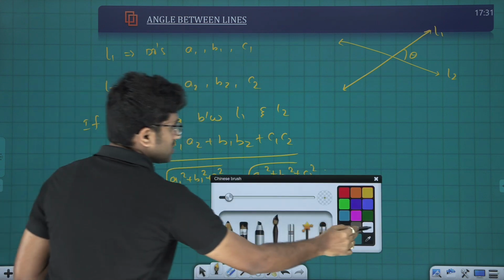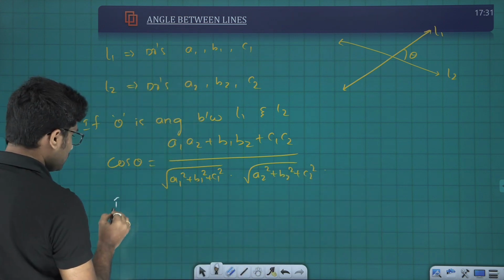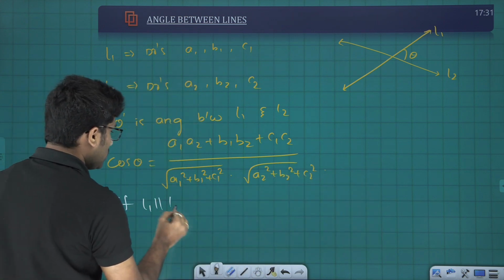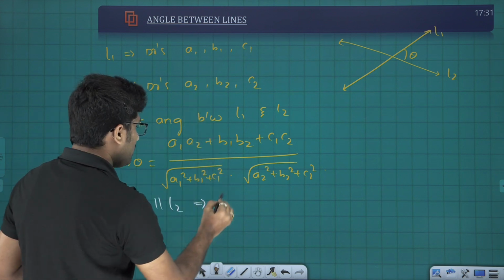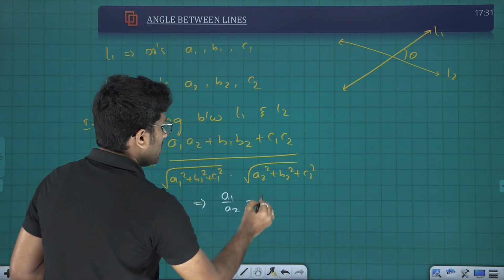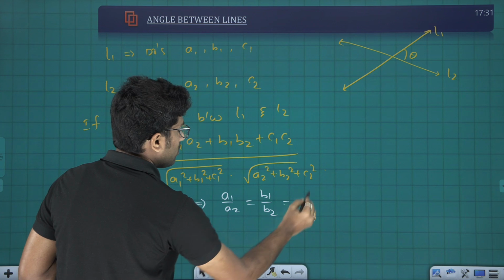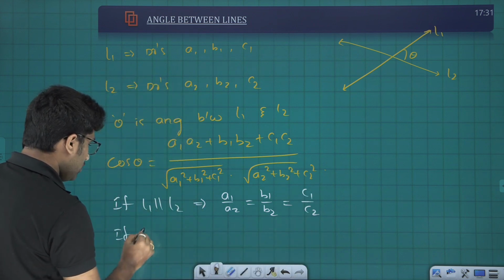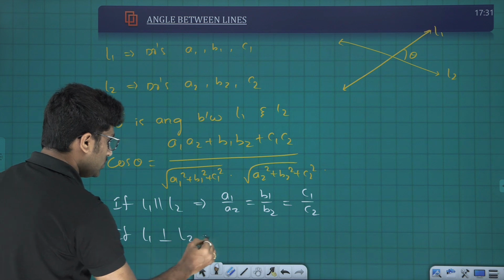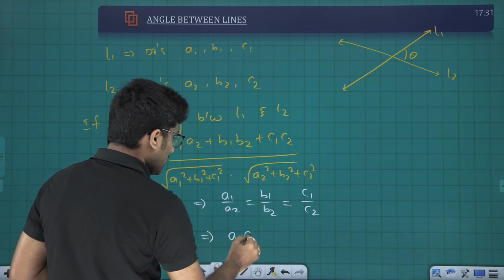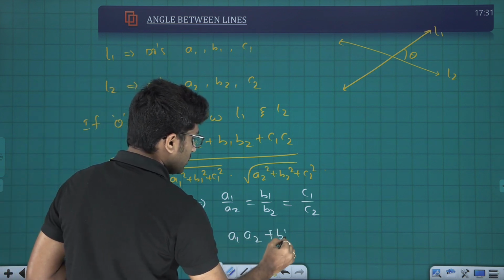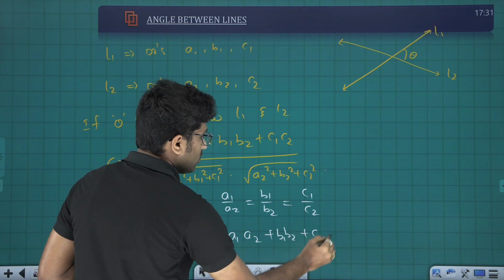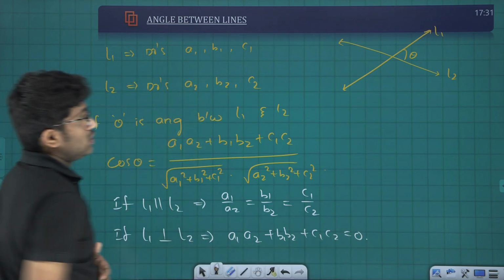Already I discussed, friends, if L1 is parallel to L2, then DRs will be proportional, which implies A1 by A2 equals B1 by B2 equals C1 by C2, and if L1 is perpendicular to L2, then we write A1A2 plus B1B2 plus C1C2 equals 0.